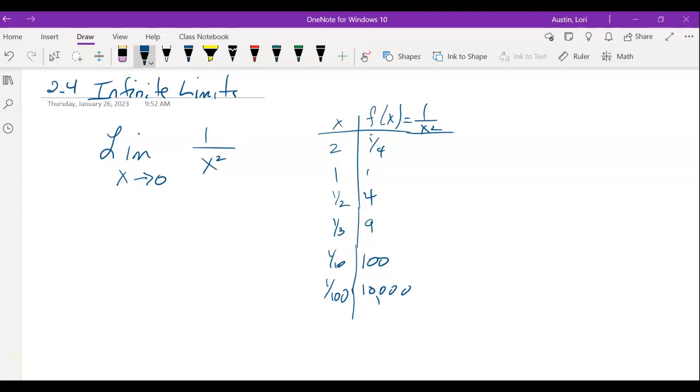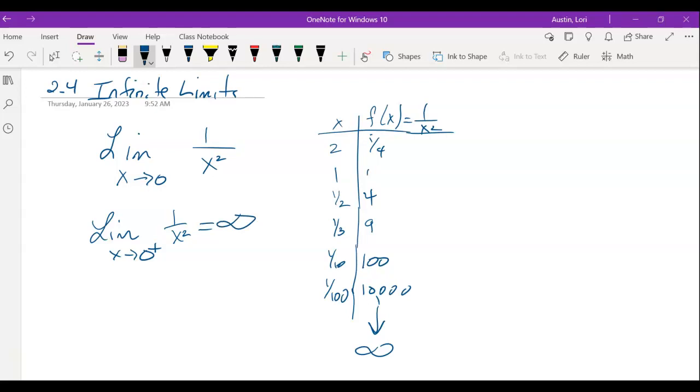It's going to keep getting bigger and bigger, and it's going to go to what? Infinity. So now we know that when we approach from the right, be careful, remember with limits, the right and left matters. That is infinity.